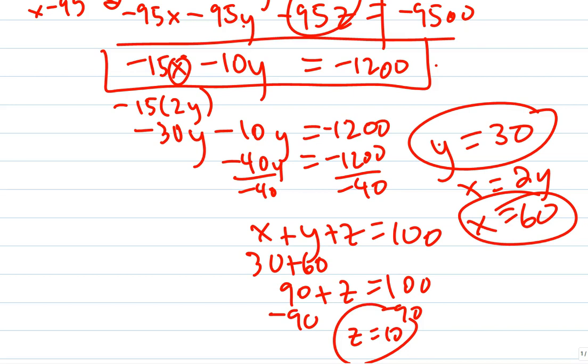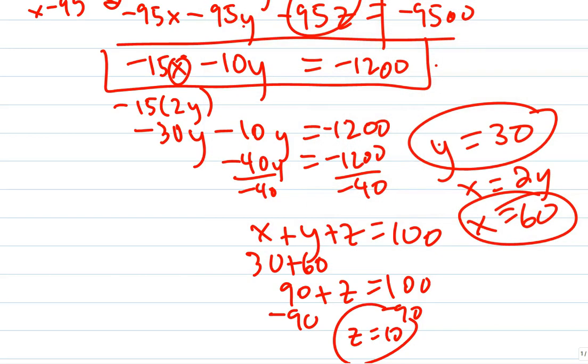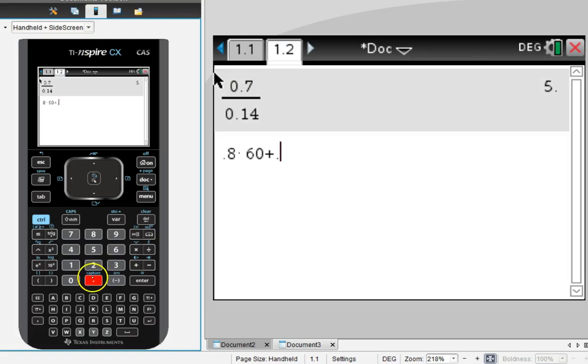So 80 cents times 60. So it was 0.8 times 60 plus, I think it was 95. No, it's 85, then 95. So 85 times 30. So 0.85 times 30 plus our last one, which was 95 times 10.